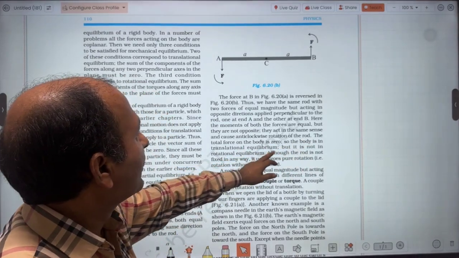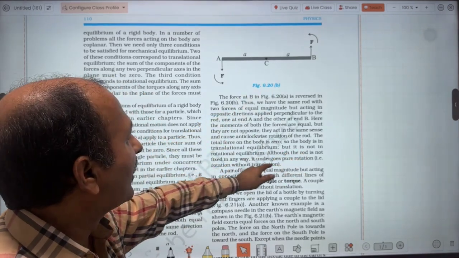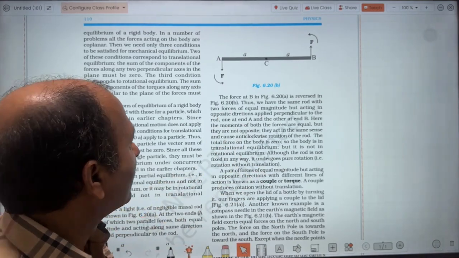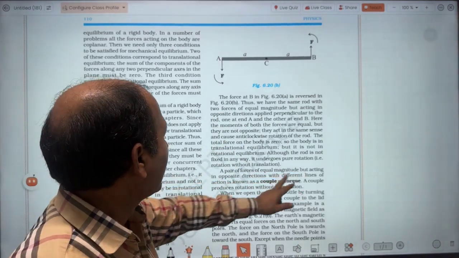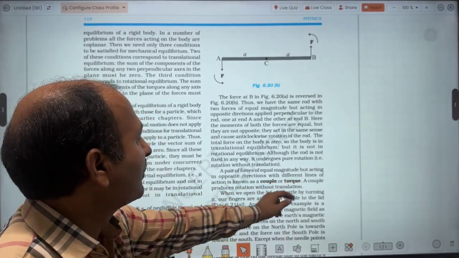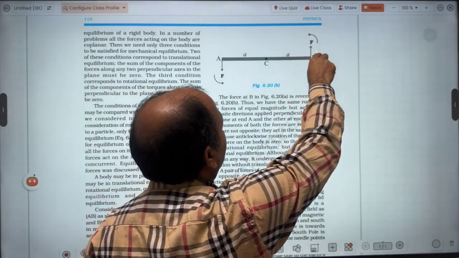The body is in translational equilibrium, it will not move, but it is not in rotational equilibrium. Although the rod is not fixed in any way, it undergoes pure rotation. So here rotation will start. A pair of forces of equal magnitude but acting in opposite directions with different lines of action is known as a couple. So here one force is acting here, another force is acting here.